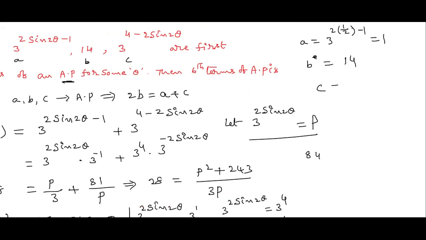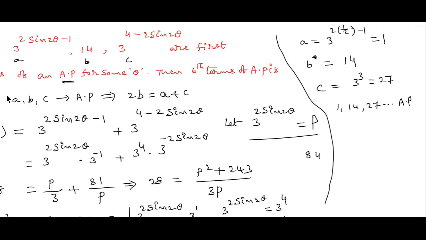Then C: 2 sine 2 theta is 1, so 3 power 4 minus 1 is 3 cube, which means 27. So A, B, C are the first three terms: 1, 14, 27, and so on. These are in AP series.